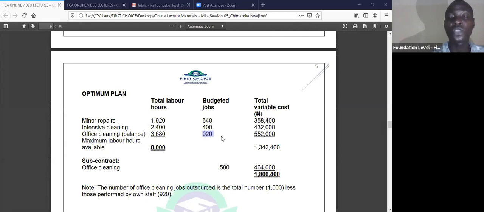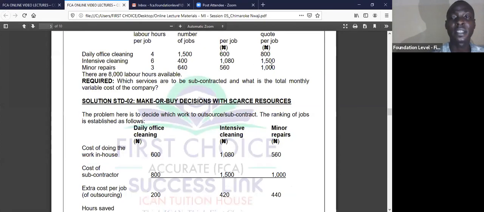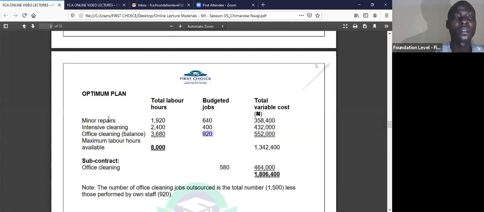After getting your 920 jobs, what is your total variable cost? It will be 920 multiplied by the variable cost here. Sorry, this is office cleaning.